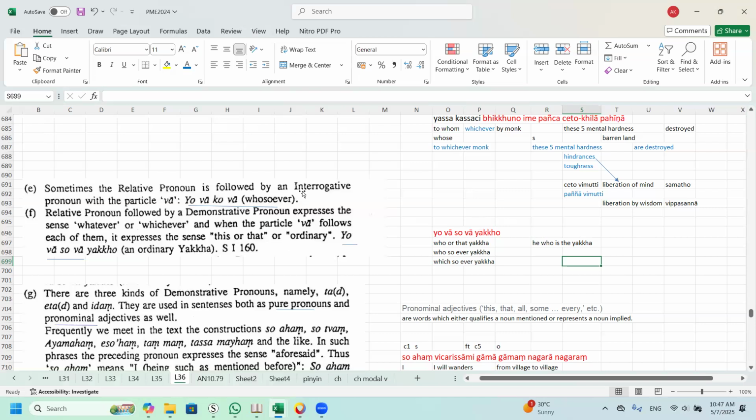So in this case, what we do is take this one: a relative pronoun followed by a demonstrative pronoun expresses the sense of whatever, whichever. When the particle wa follows each other, it expresses this or that.